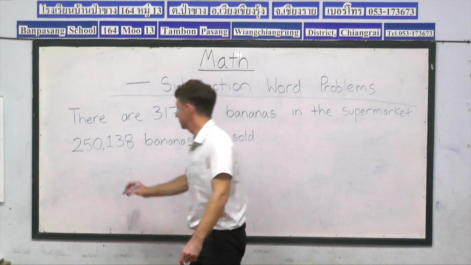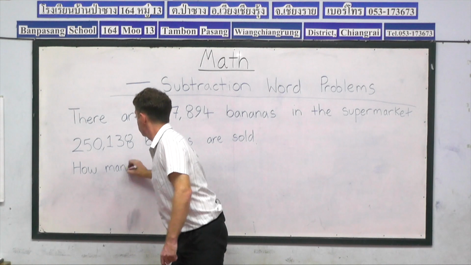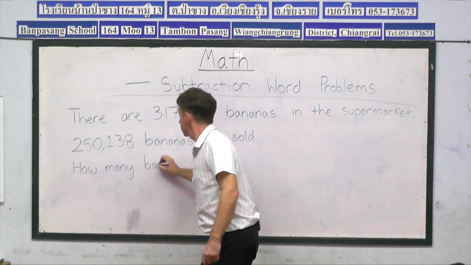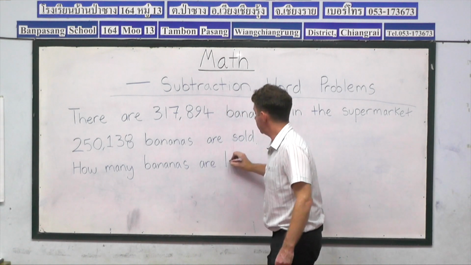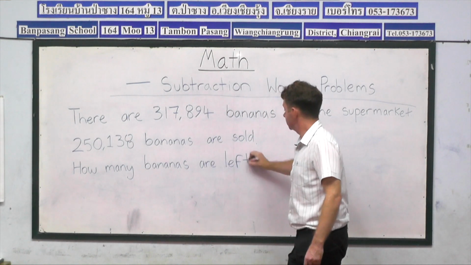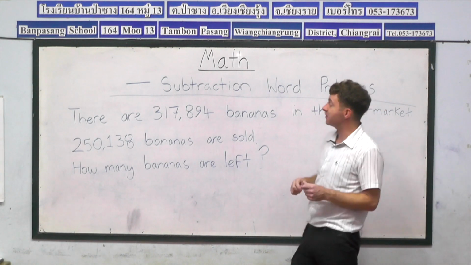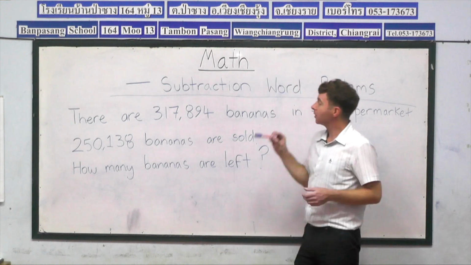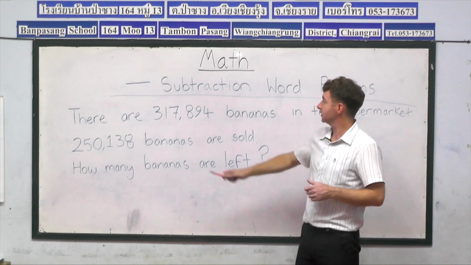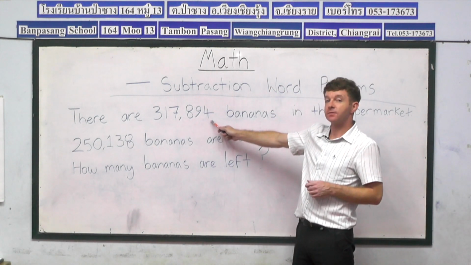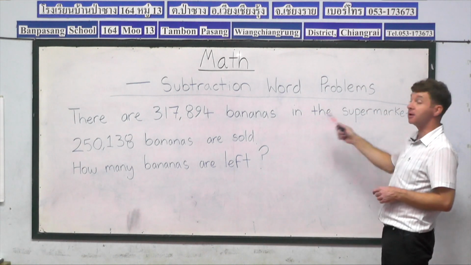How many bananas are left? Excellent. Okay, so let's read it all together, guys. There are 317,894 bananas in the supermarket.